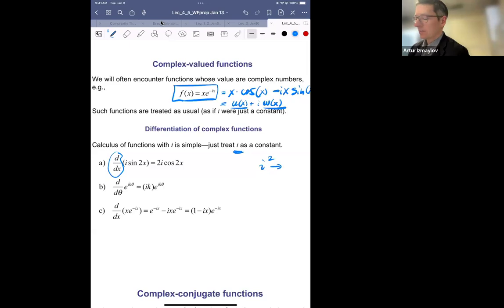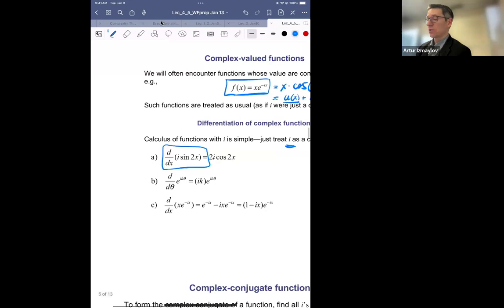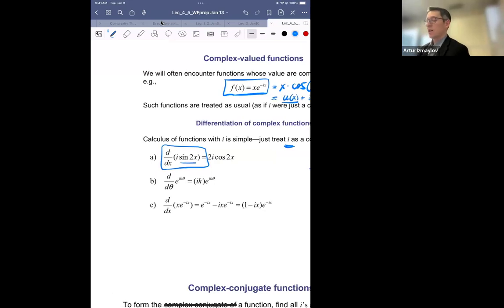That's the only thing to remember. Now, here's an example: if we differentiate this function, i is again just a constant, and we differentiate sine 2x in the normal way. 2 comes out, and sine becomes cosine, right?